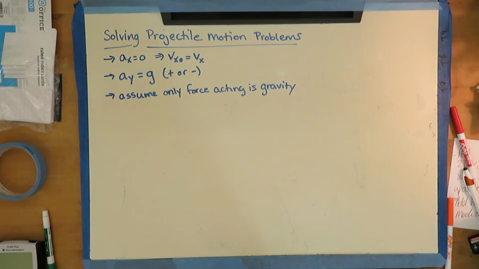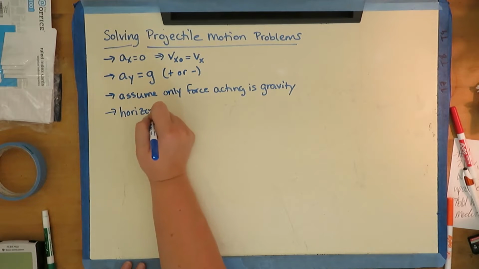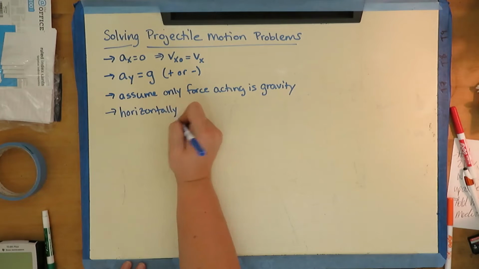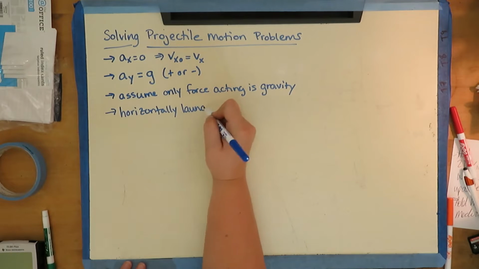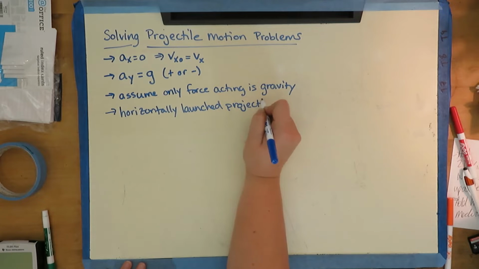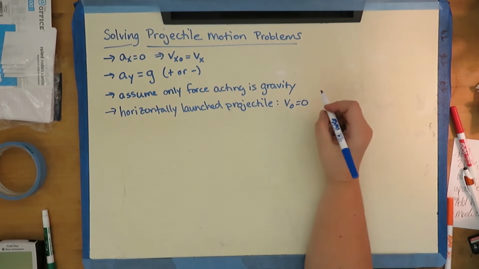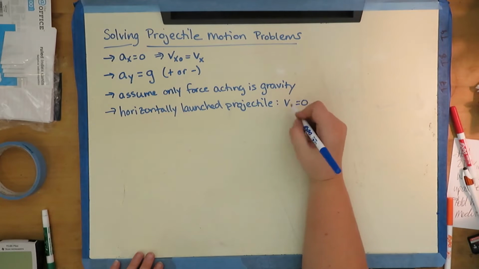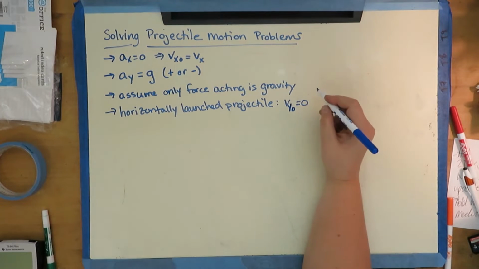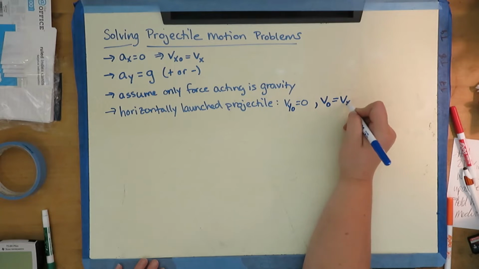We also have to remember that if we have a horizontally launched projectile, it has an initial vertical velocity that is equal to 0, and the initial velocity is equal to Vx0.